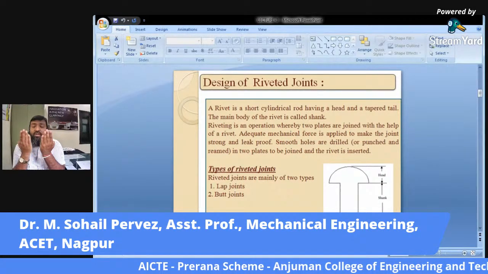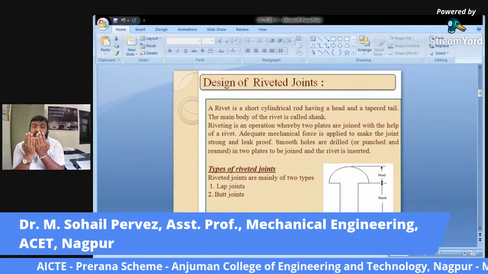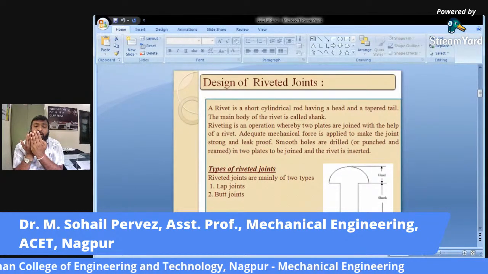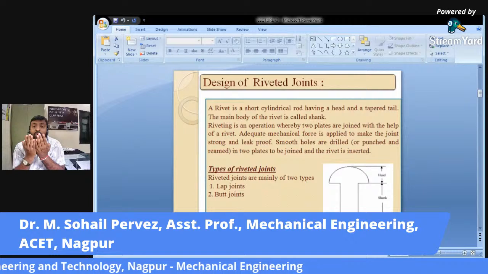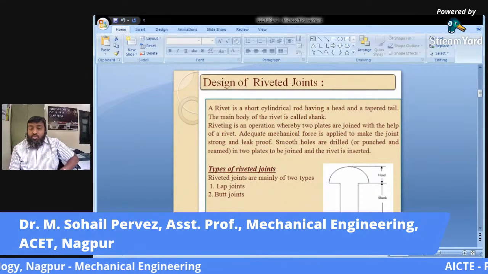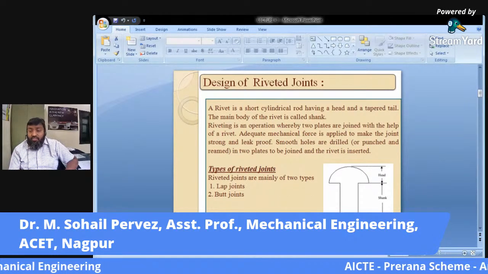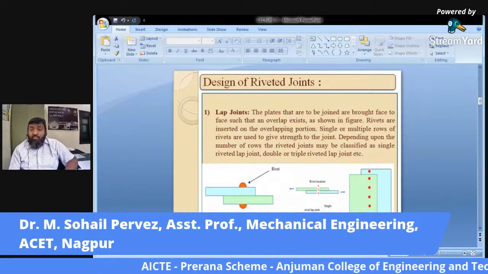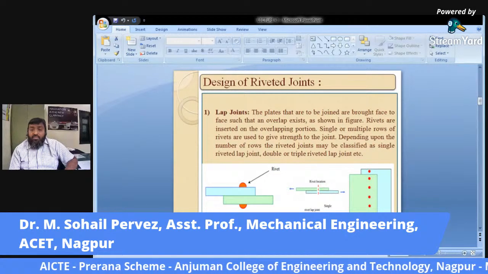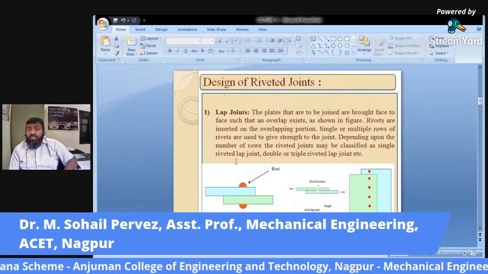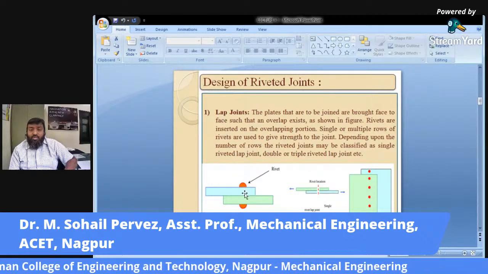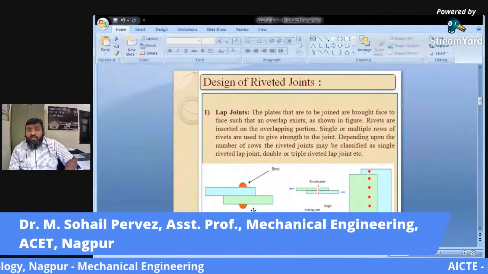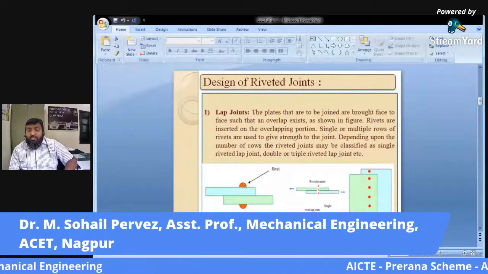In this case, you have to have a strap plate or cover plate overlapping both plates so that a permanent or fixed joint can be made. Starting with the types of riveted joint, the lap joint: these are the two plates and the rivet, as I have explained right now.